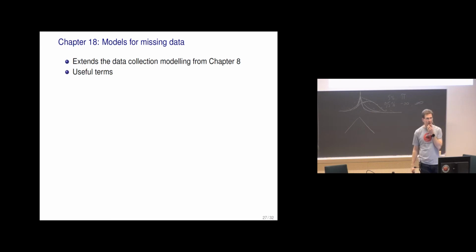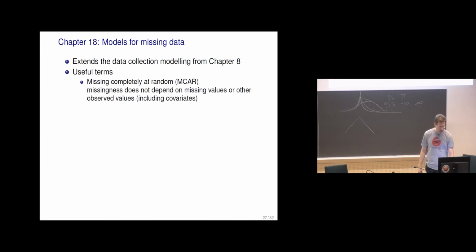Chapter 18, models for missing data, extends the data collection modeling from chapter 8. A lot of useful terms for missing data, specifically missing completely at random. So the missingness does not depend on missing values or other observed values.